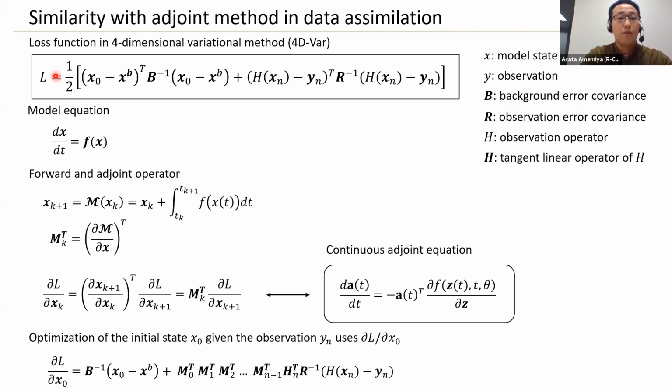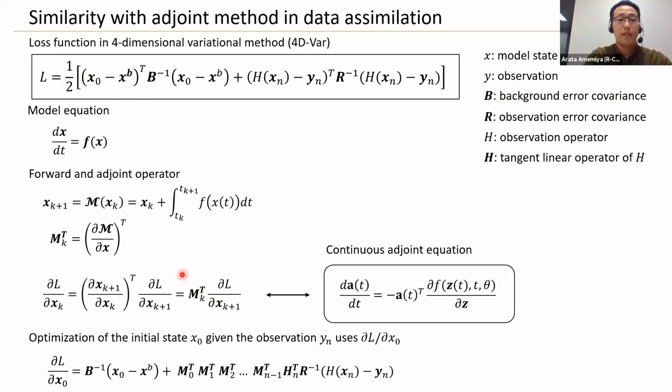So in order to obtain the gradient of L with respect to the initial state x0, we need the gradient with respect to x at intermediate time steps. And they can be obtained by backward iteration of these relationships using the adjoint operator.